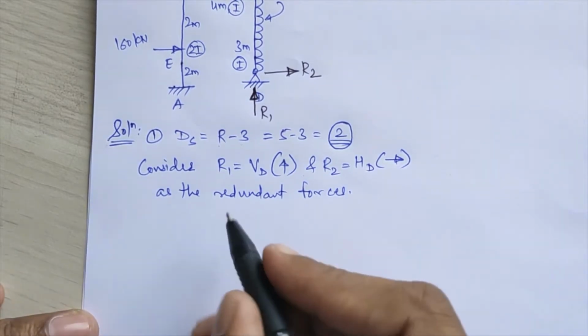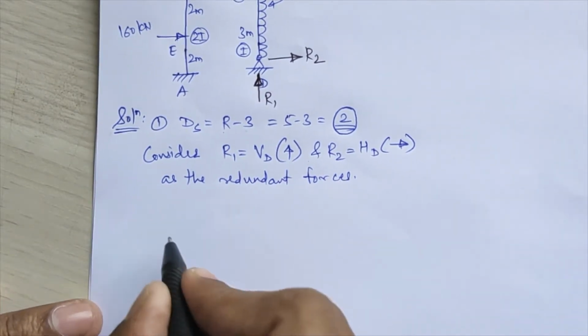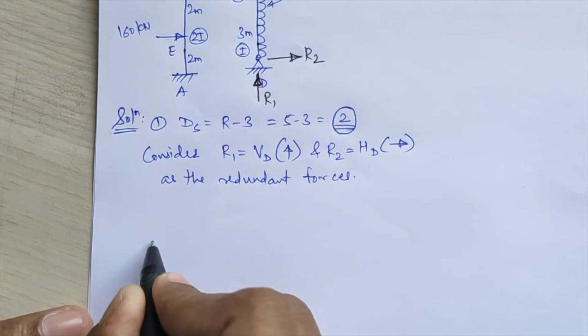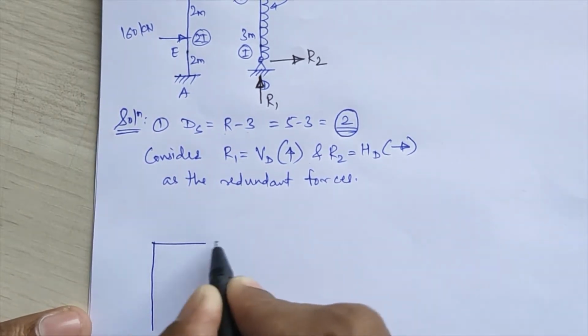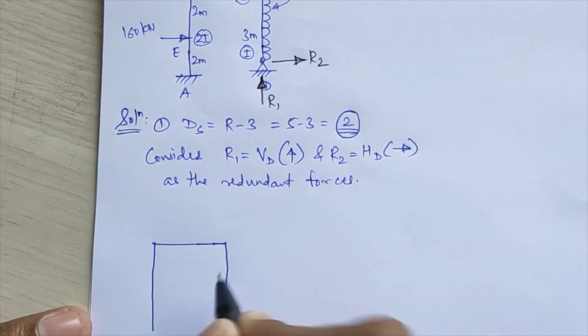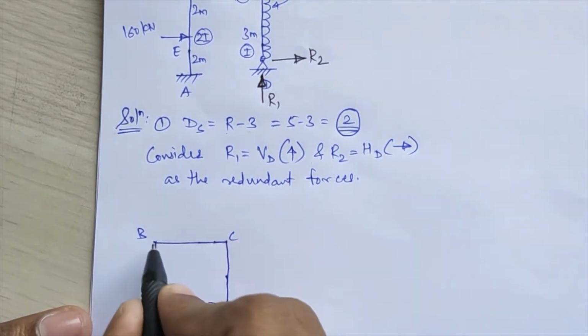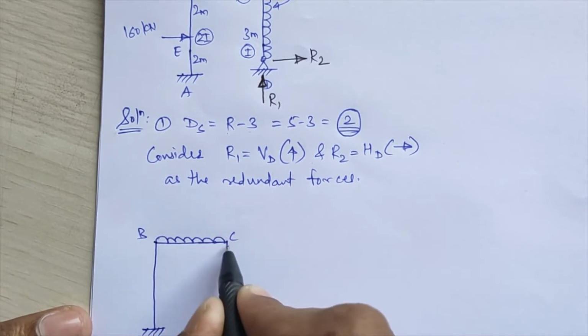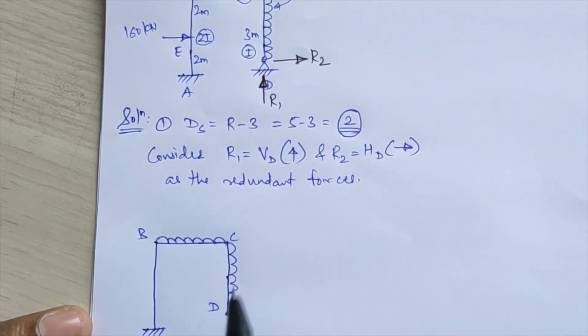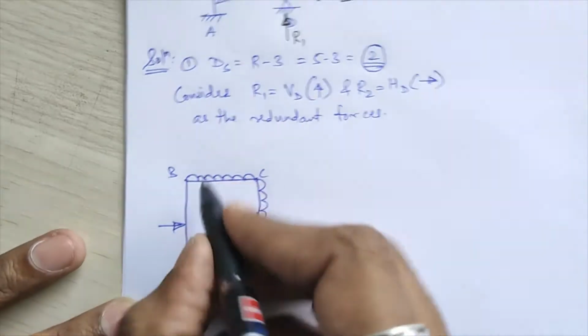First we'll draw the capital M diagram. In the capital M diagram, we keep your given loadings as they are and we remove the redundant forces, that is R1 and R2, from the given diagram. A will be fixed as it is, then points B, C, and this will be point D, and whatever applied loading is given to you, we keep as it is.